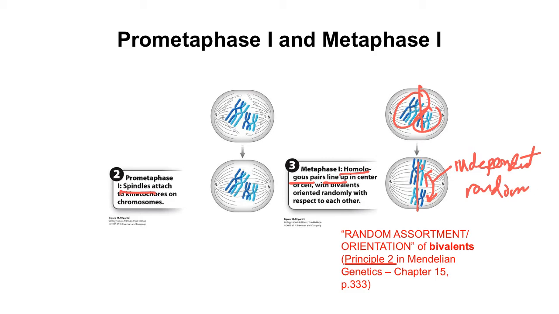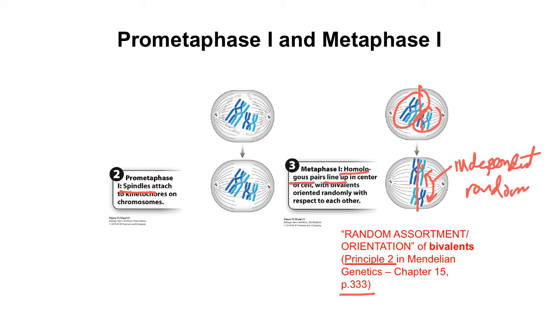But in metaphase I, this is very important, and I will emphasize it again: it is the bivalent, the homologous pair from mom and dad, that goes to the middle together because they are synapsed and crossing over has taken place. This underlies a principle in Mendelian genetics that you will encounter later in chapter 15. In fact, I put the page here, called independent or random assortment or orientation of bivalents.